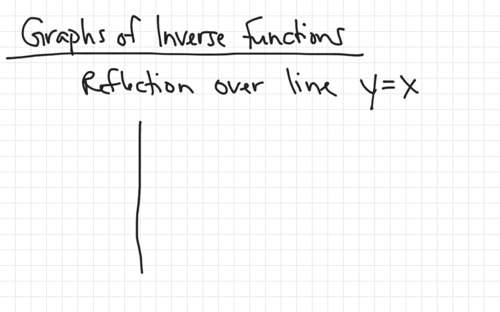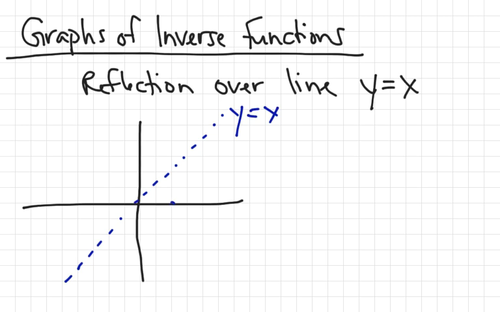Because in the coordinate plane, the line y equals x, which looks like this, when you reflect a graph over the line y equals x, all you have to do is take the x and y of the original ordered pairs and flip them. So this ordered pair is at (2, 0). When I reflect it over y equals x, it's at (0, 2). The next one is at (3, 1). It's going to be at (1, 3).